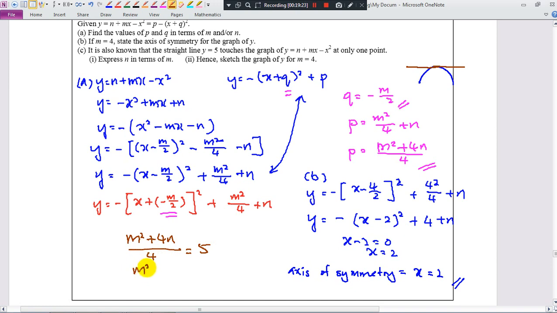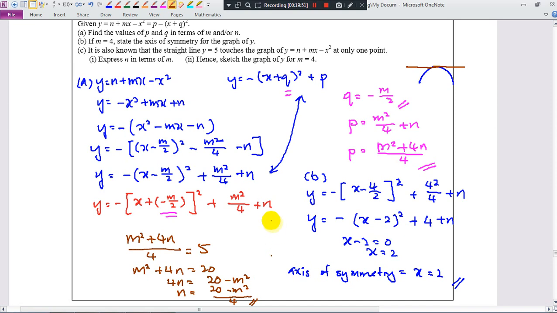Okay, m squared plus 4n equal to 20. We want to express n as the subject. Okay, 4n is equal to 20 minus m squared. n is equal to 20 minus m squared over 4. Okay, this is the answer for C1.